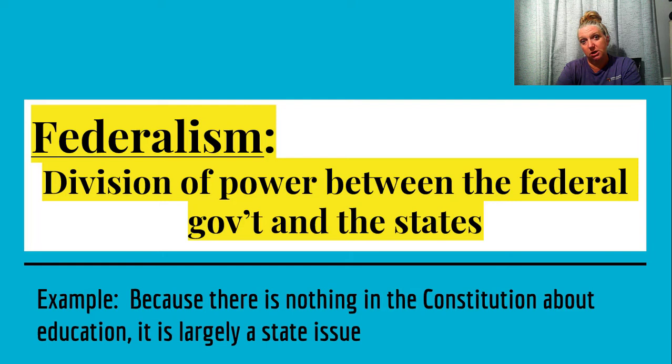Divorce is not mentioned in the Constitution. The requirements for voting are very limited in the Constitution. So it's really up to the states to determine all of those things, because the Constitution does not give it to the national government. Make sure you write those examples down. Make sure you write down that if it's not spelled out to the national government in the Constitution, then it belongs to the states.